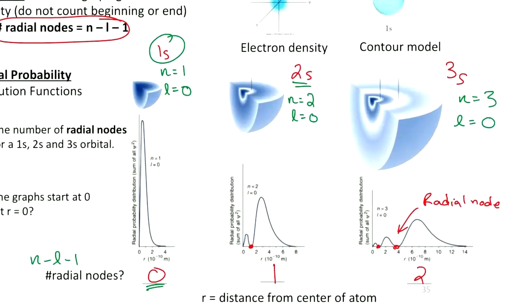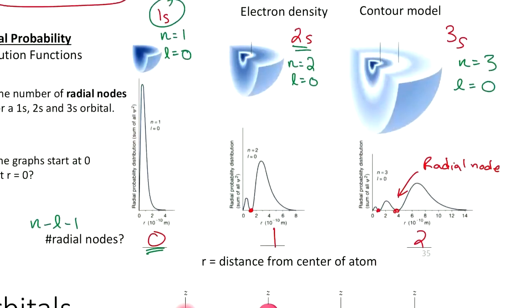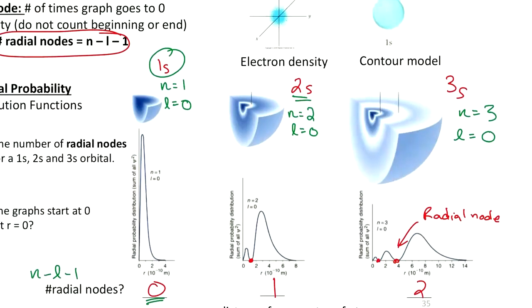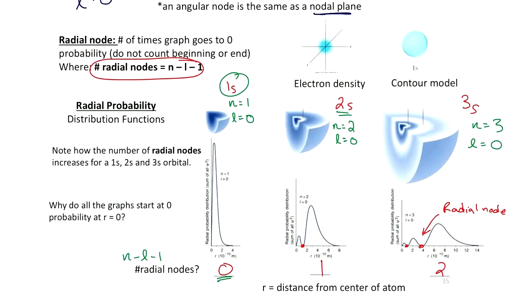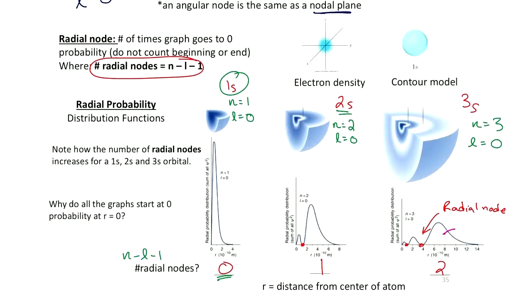But this is how I like to think of it. So let's look at the 3s graph. If you think of this 3s orbital like an onion, an onion has layers. On the outside, you have where you're going to find most of your electron density right here. This is describing that 3s layer. That's where you're going to find most of your electrons with that energy.